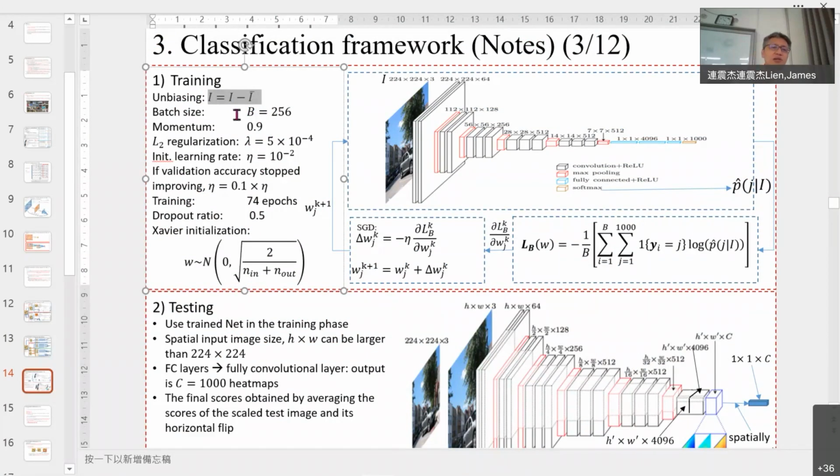The other way is this one: for each image, you sum over all the pixels and find the average pixel value, and then subtract that value from each pixel. So it becomes a normalization.